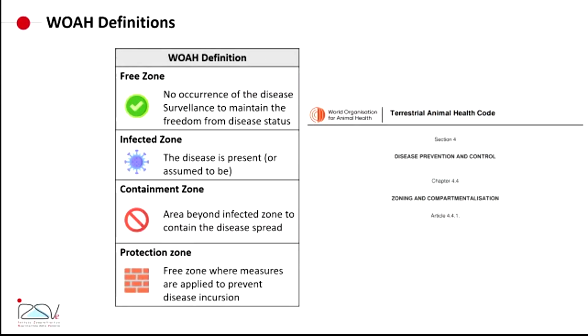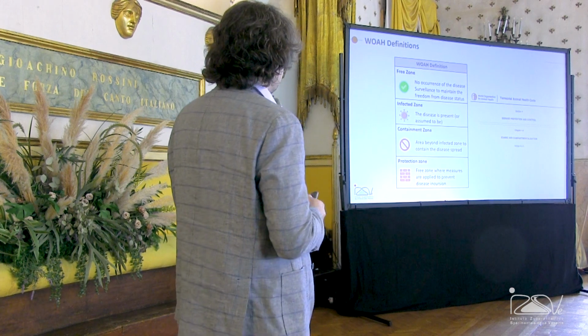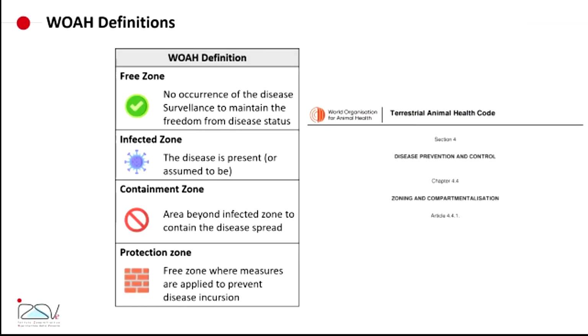As Paolo was saying this morning, in chapter 4.4 of the Terrestrial Code there is a definition of a few zones. Actually, they're not the only zones present in the code, in the manual, sorry. There are some more in the specific chapters for each disease.